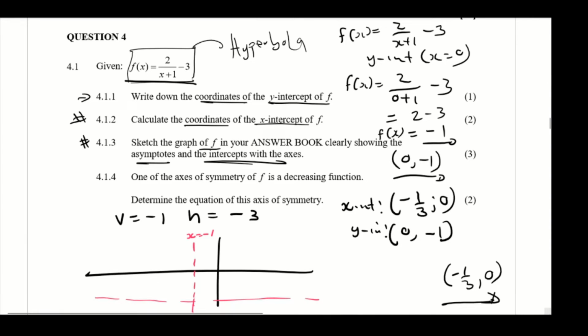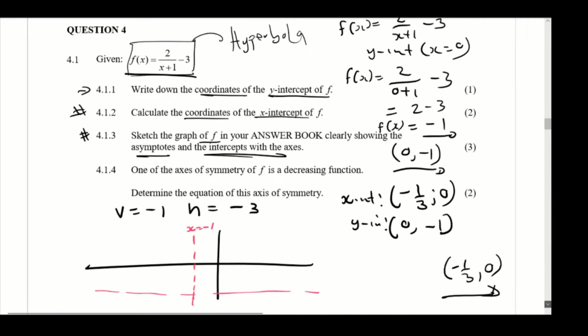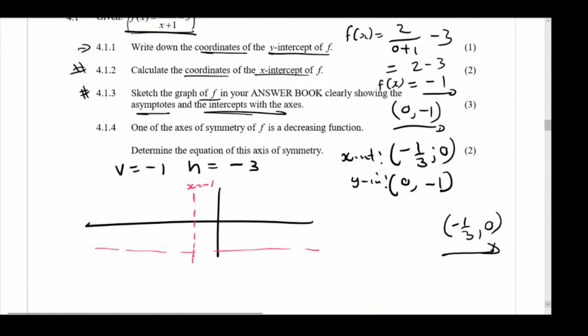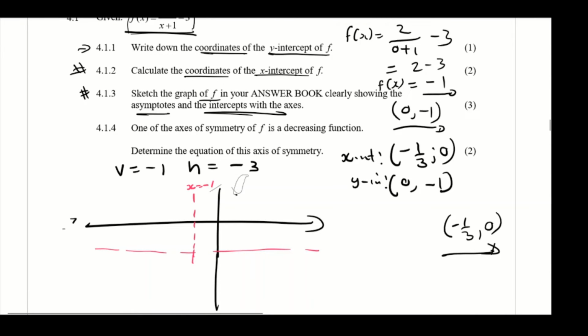So let me do this. So you're having your Cartesian plane. This is your y, this is your x, and this is your vertical asymptote. Your horizontal asymptote is given as y is equal to minus 3. And you've already found your x-intercept. Your x-intercept is this one, minus 1 over 3 and 0.